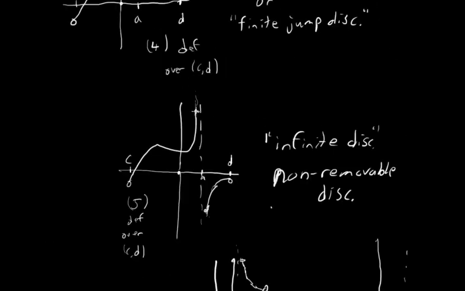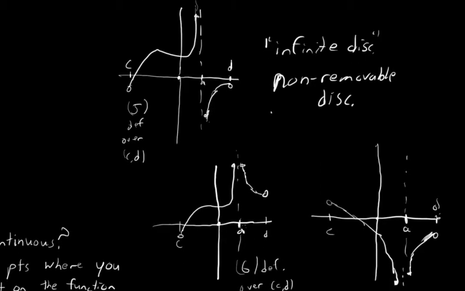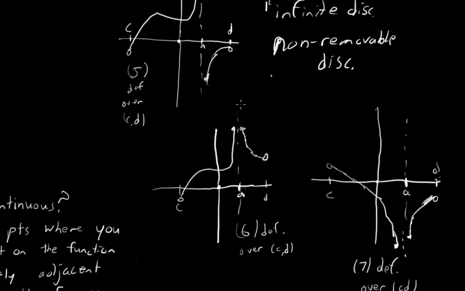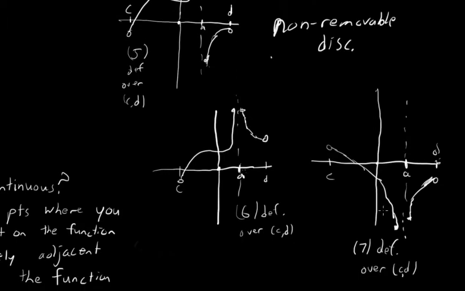But going up to positive infinity on one side of the point of discontinuity and coming up from negative infinity on the other side is not the only type of infinite discontinuity you will see. In fact, you could be going up on the left side and coming down from positive infinity on the right side, or you could be going down to negative infinity on the left side and coming up from negative infinity on the right side.